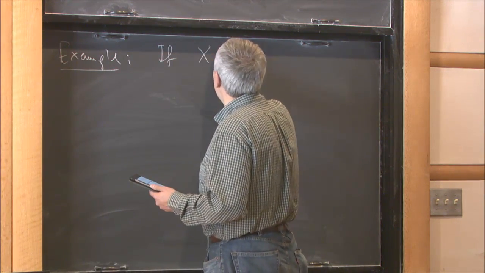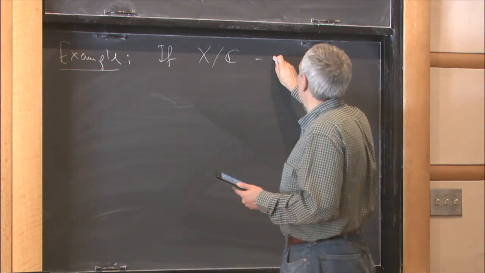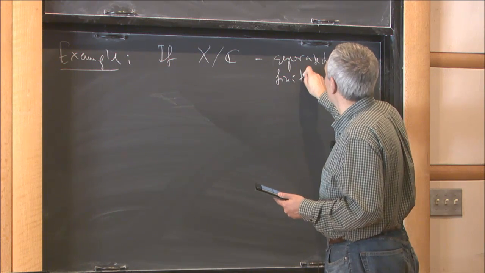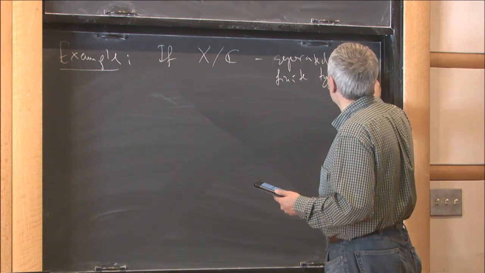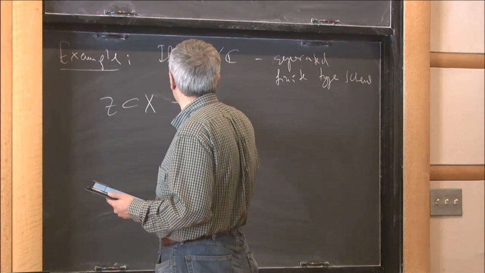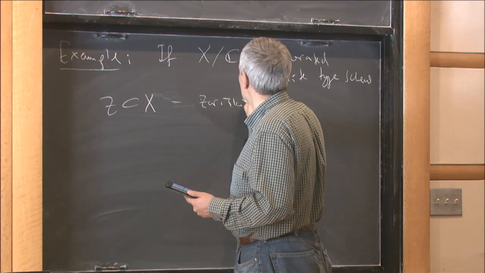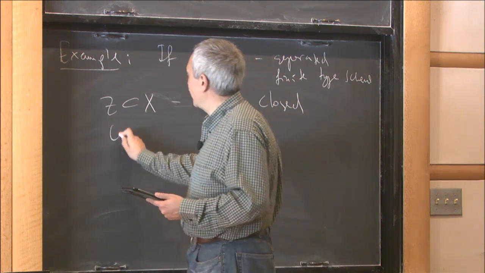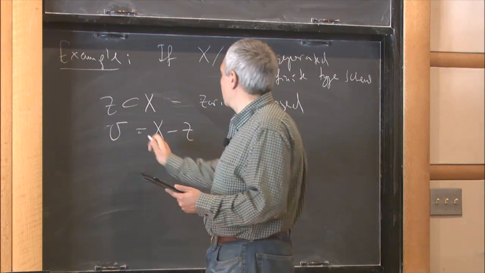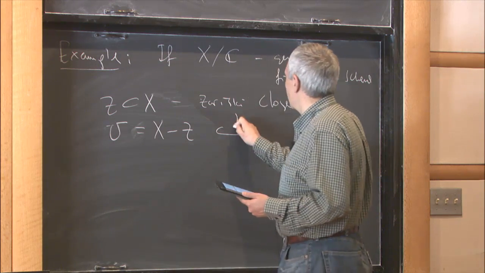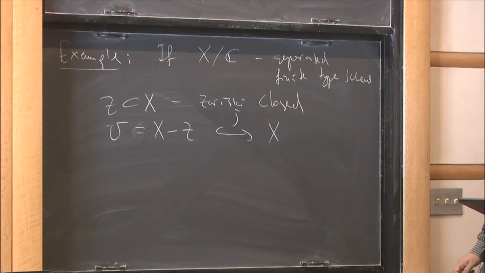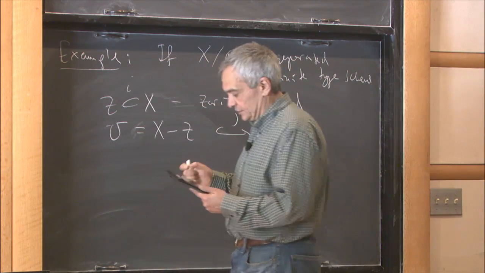So if we are in this situation, a separated finite type scheme, and you have a Zariski closed subset, and you have its complement, and let's say this inclusion map, as the standard notation, is called J, and this inclusion map is I.